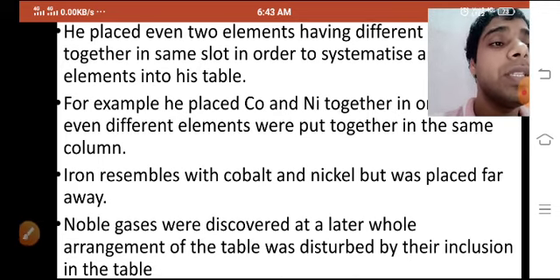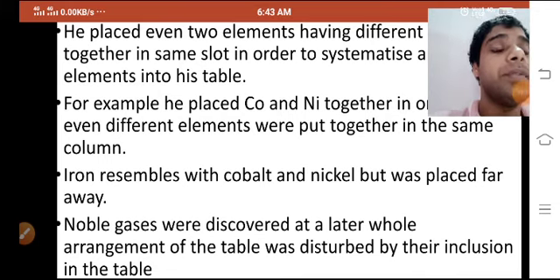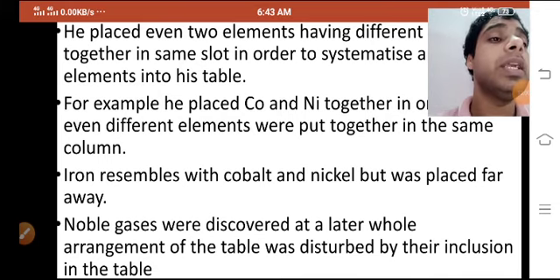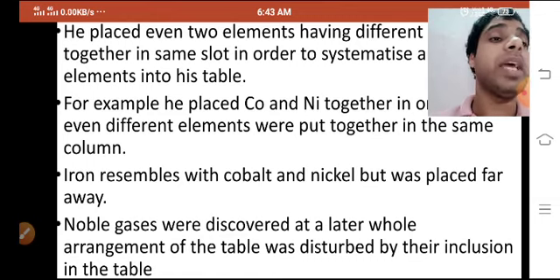And then, noble gases were discovered later, and he couldn't explain anything about the noble gases. If noble gases were to come, where in Newland's law of octaves would their place be? That was the question.